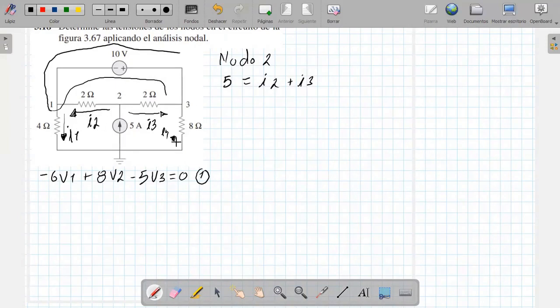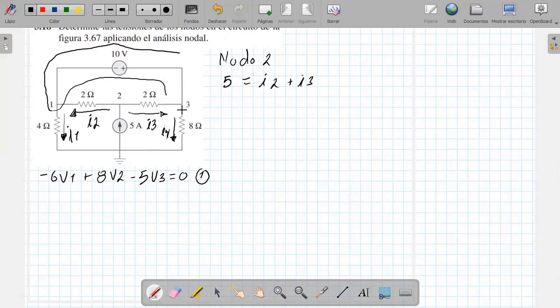You set the direction as you think, with common sense regarding the polarities of the system, and when we mark the direction of the currents, remember that we have to leave them as they are every time we work on them. Well, then the current that enters, 5, is going to be equal to those that leave, I2 and I3.